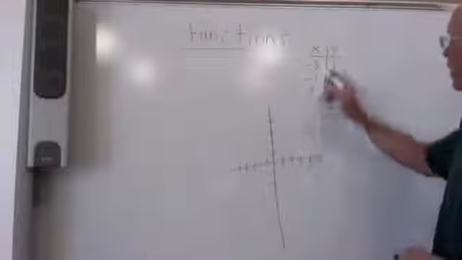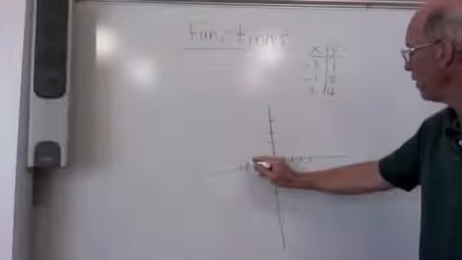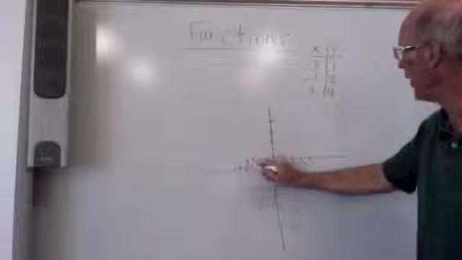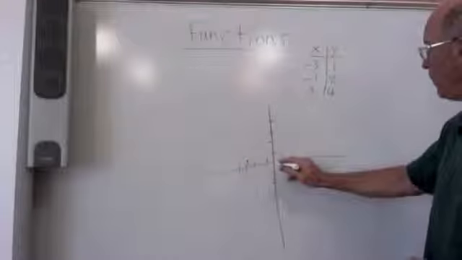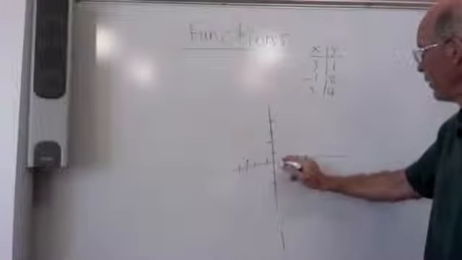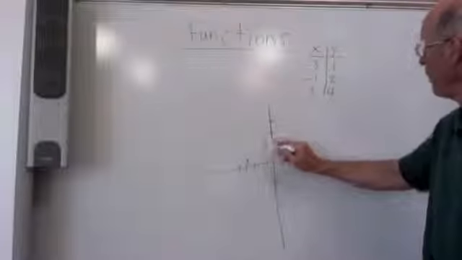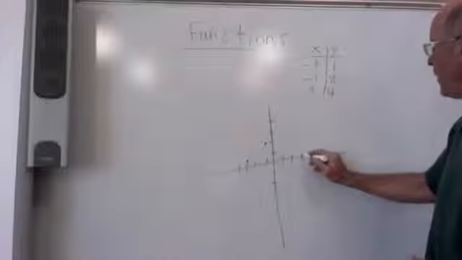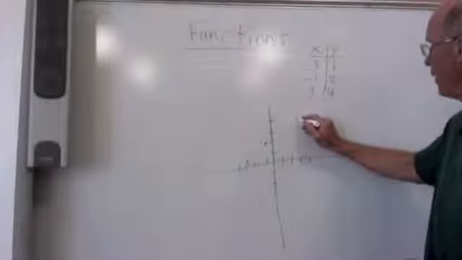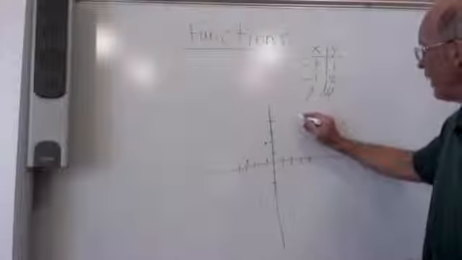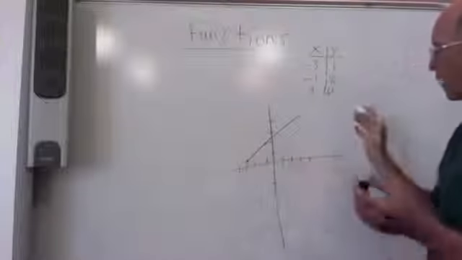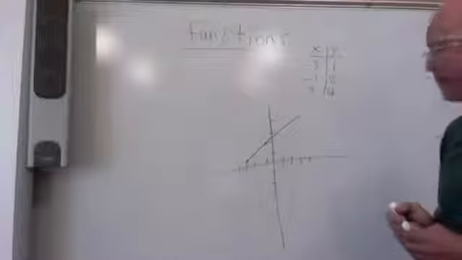We can graph this very quickly. -3 and up 1. Put a dot there. -1 up 2. And over 3 and up 4. And if I connect these dots, it'd be something like that. I don't know where it goes after that, so I'll just leave it like that.